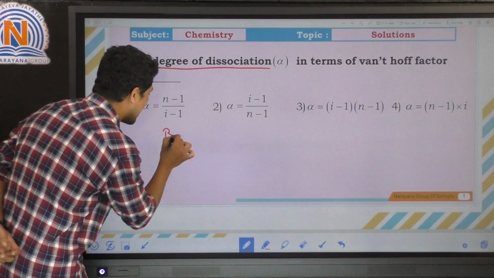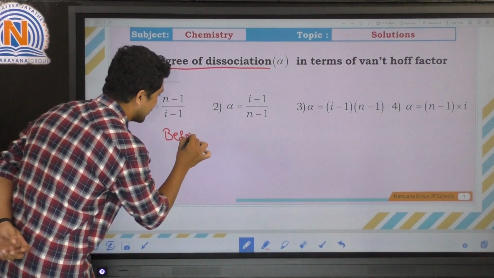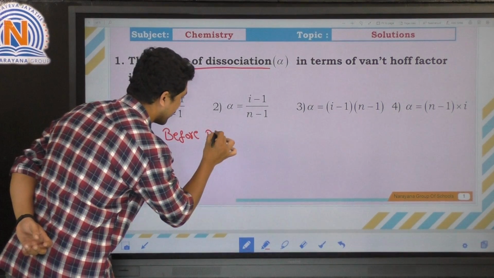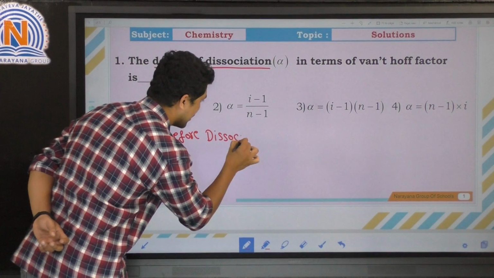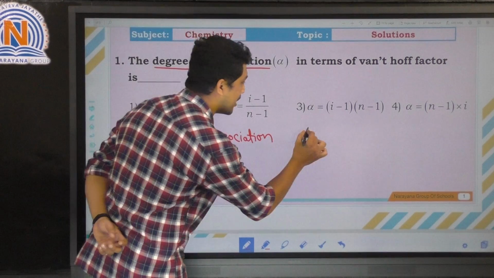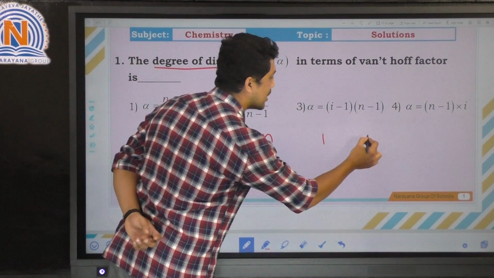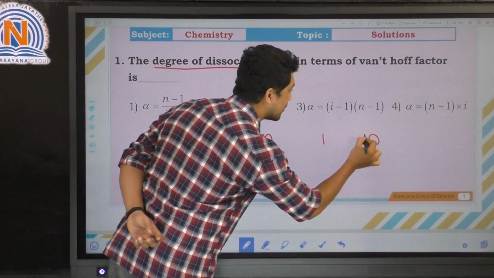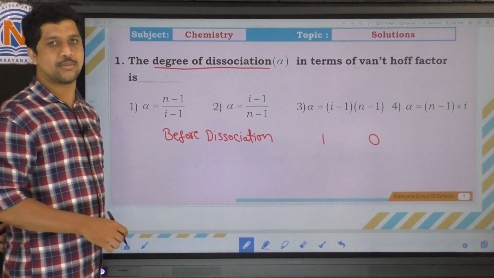So before dissociation, the number of particles is initially 1, and there are no dissociated particles in the electrolyte.